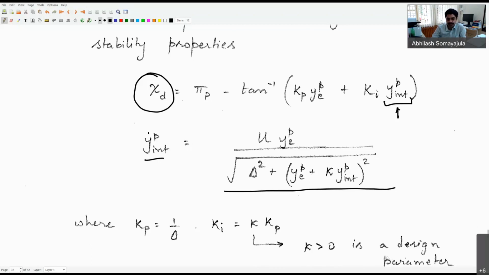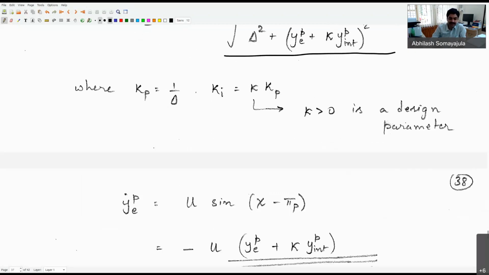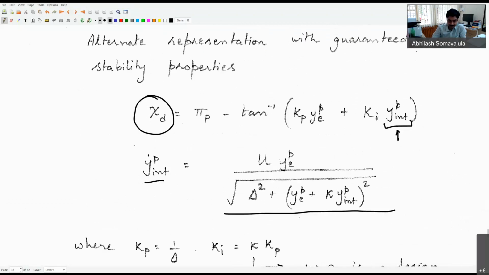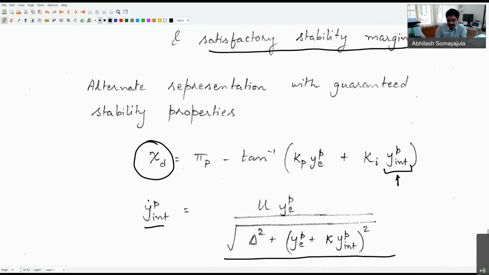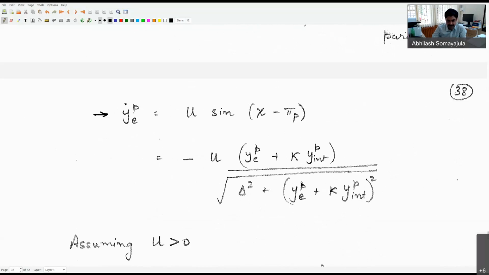The advantage of choosing something like this is that if I now start looking at the cross-track error dynamics, ype dot, we saw that previously it was u times sine of chi minus pi p, which in this case, this sine of chi minus pi p will be the tan inverse of this plus this, right? Let's see if I can show this correctly.